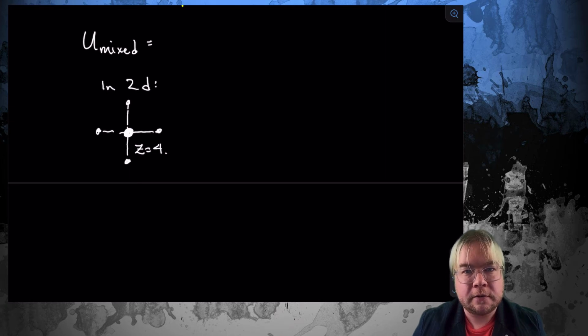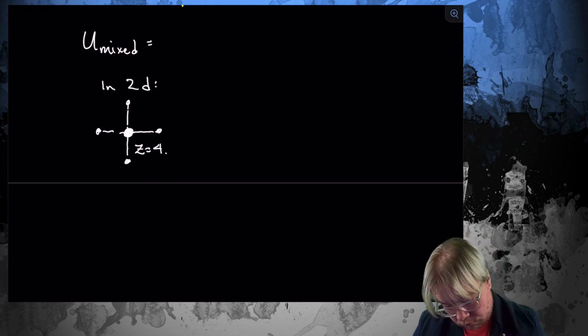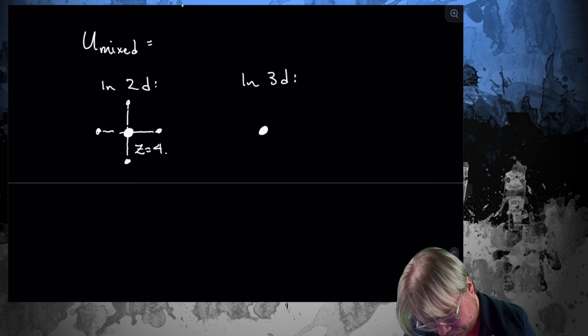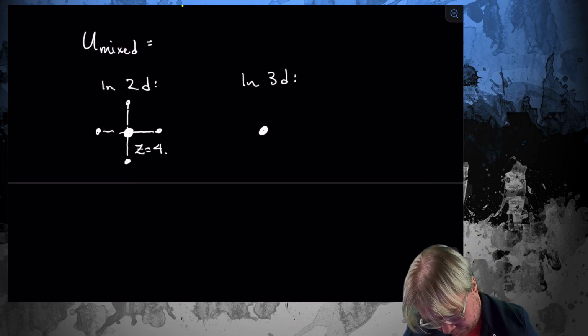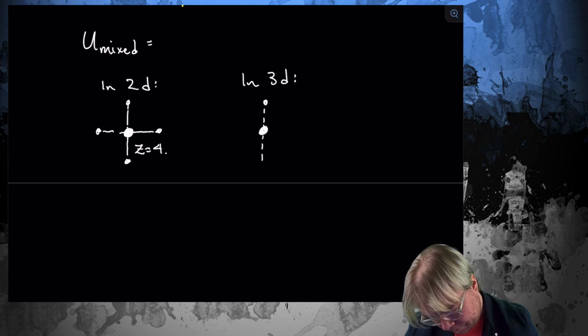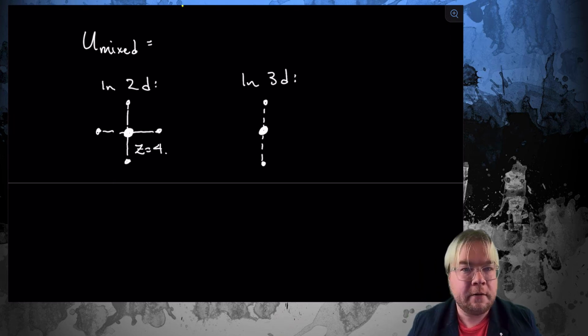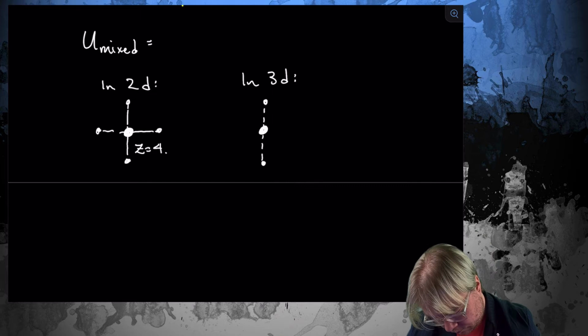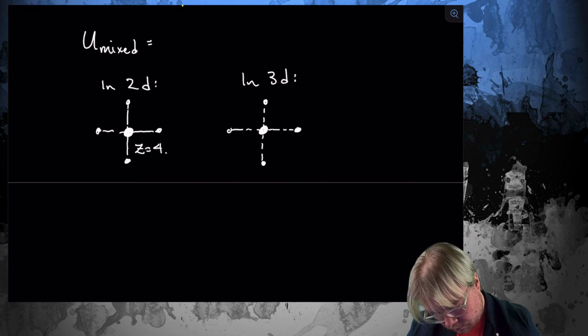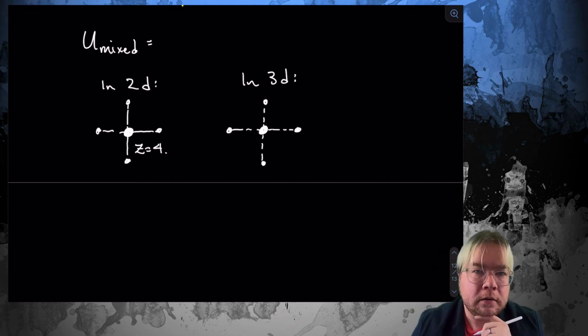What about in 3 dimensions? In 3D, here's my lattice site. I have a nearest neighbor up here, nearest neighbor down there, nearest neighbor right there, nearest neighbor right there.